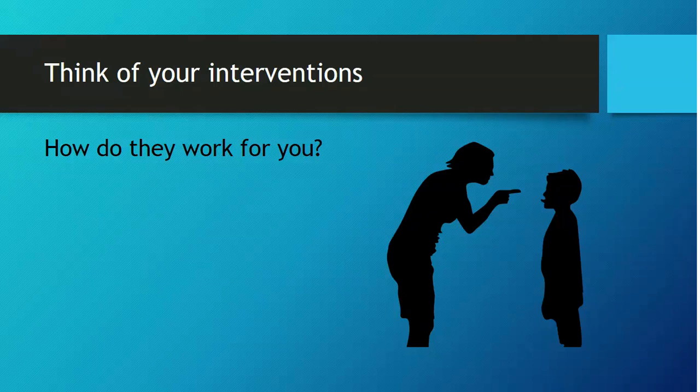And how do they work for you in the long term? So does the behavior actually stop for a long time? Does the child learn? Okay? And you may also like to stop the video and make a list of the thoughts you have.